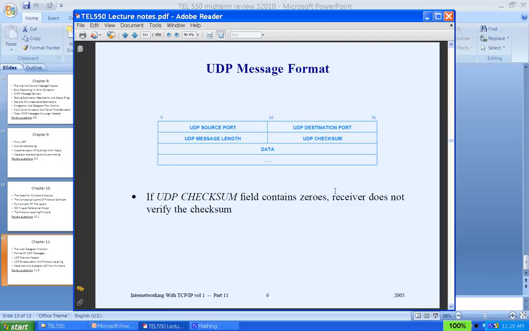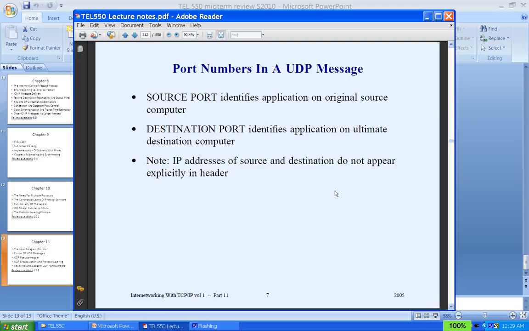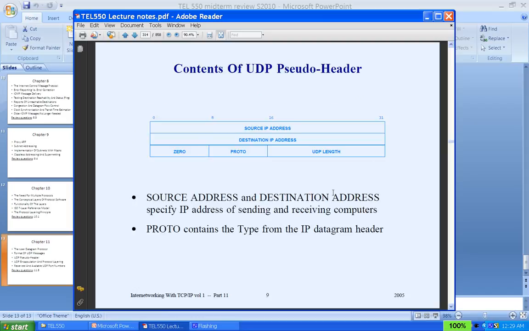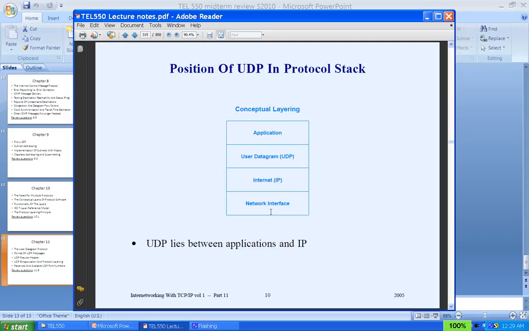Also, we need to understand how the pseudo header is utilized to provide a certain kind of error detection feature. Okay, how the pseudo header is constructed.